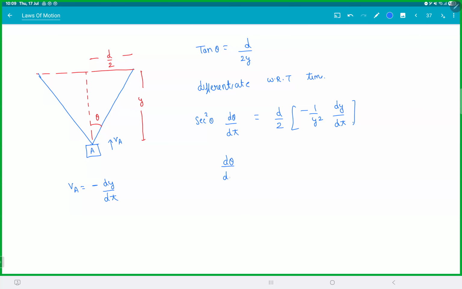So we get d theta by dt is equal to minus d by 2 sec square theta. And what is y? Numbers are bad. D by 2 tan theta. This will be d square by 4 tan square theta. And dy by dt is minus va, that is minus u sec theta.